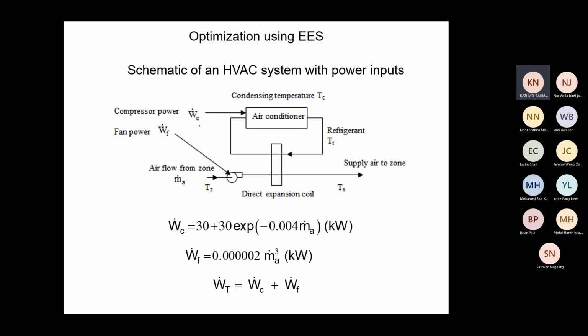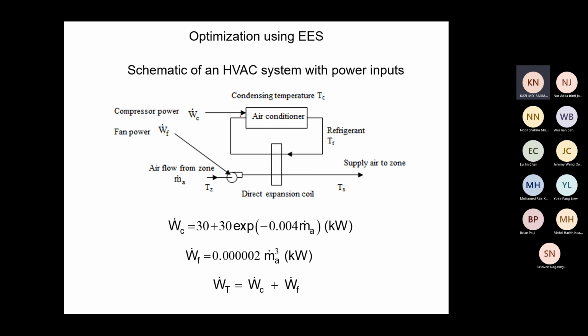That is one of the criteria which needs to be realized. If we see the loop once again, that is the compressor power consumption, and air conditioning here, and then the refrigerant moves through the compressor and comes to the direct expansion coil, and after the direct expansion coil it goes to the air conditioning section.